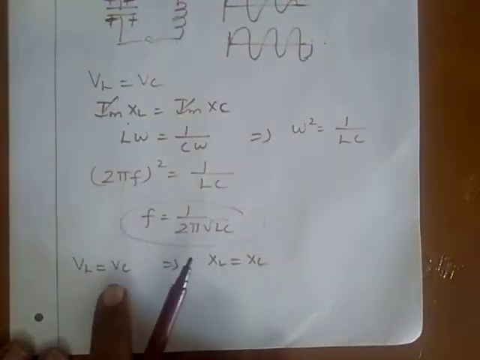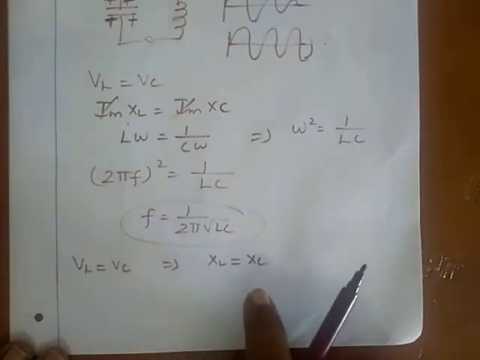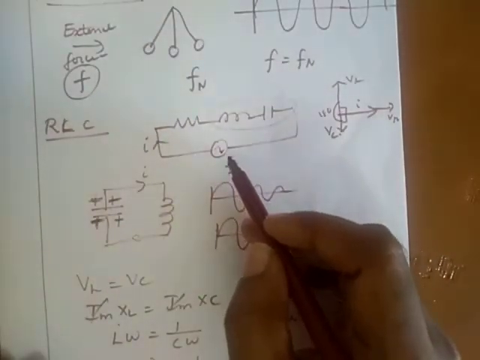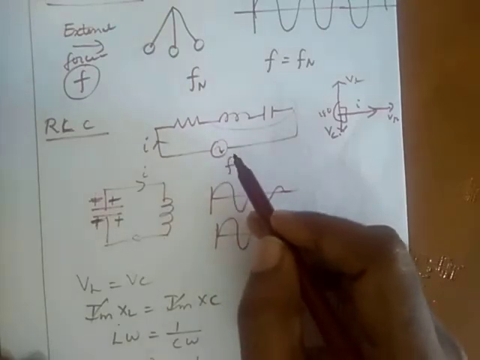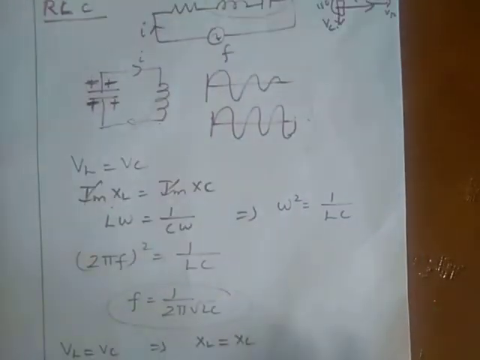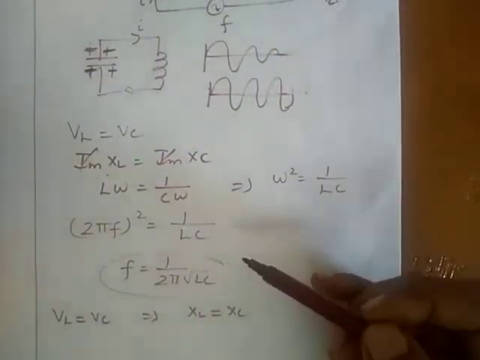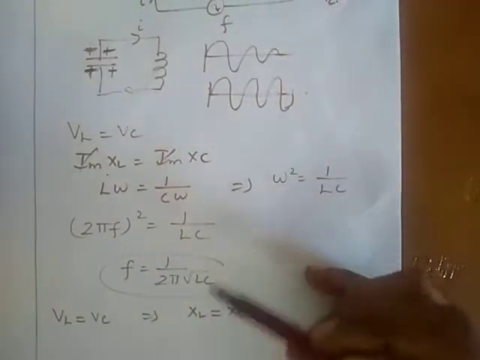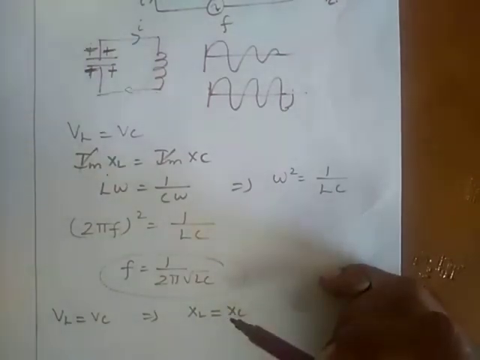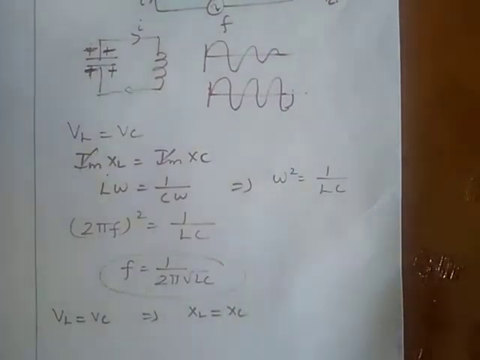This is a resonance condition. It can be achieved by varying the frequency of the applied alternating voltage. By varying this frequency, we can merge it with the natural frequency, and at that position we get maximum current.